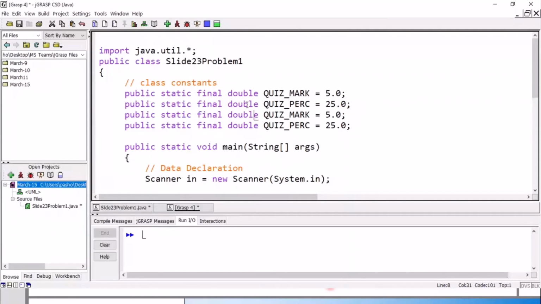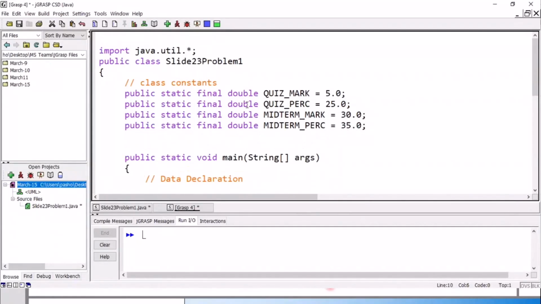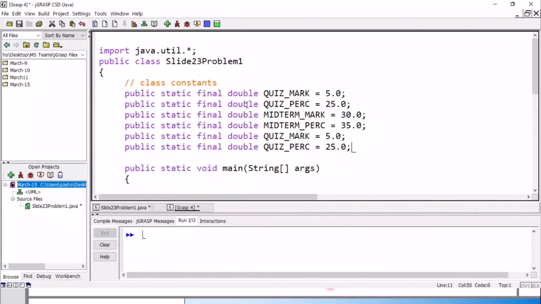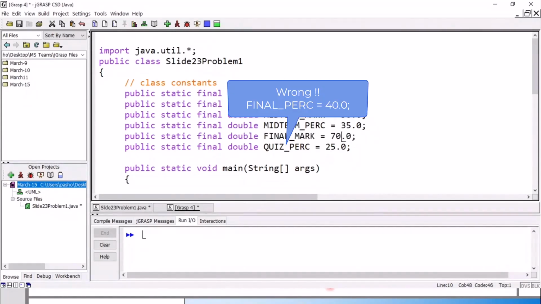I'm going to call it midterm mark, which will be out of 30, and midterm percent will be 35. Control V, because I have already copied these two lines, and I'm going to do this for the final. Final mark is out of 70, and it should be converted into 40.